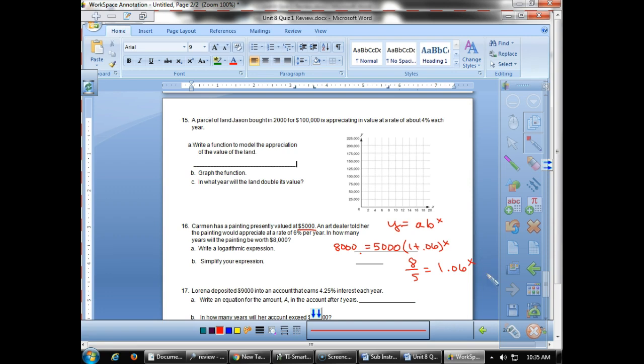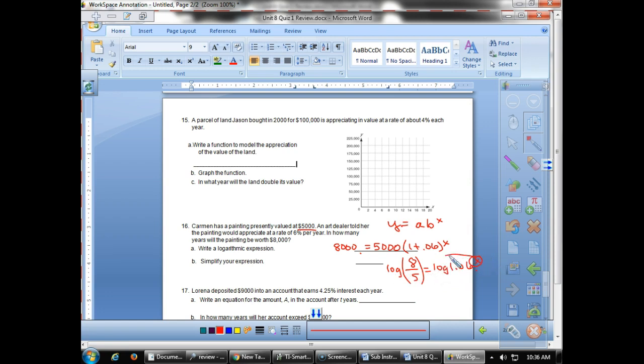Good. Okay, then I would take the log of both sides, or ln, either one's fine. I usually just do the log here. So log of 8 over 5, okay, and I have to take the log over here as well. And then when I take the log, I can bring the x down front, which is the whole point of taking log of both sides.